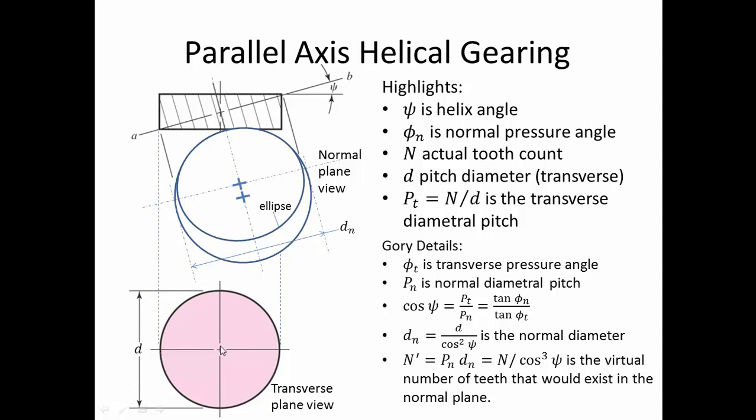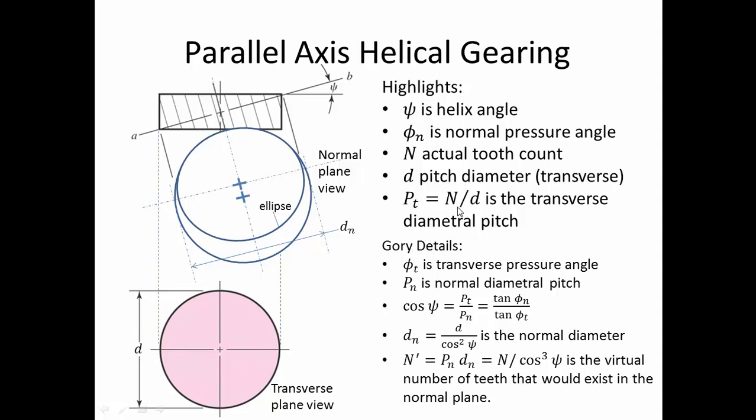The pitch diameter now would be what you would see in a transverse plane. A transverse plane is a plane that is cut perpendicular to the axis of rotation. As you can see here, you see the circle of the pitch cylinder of the gear, and that is the diameter.